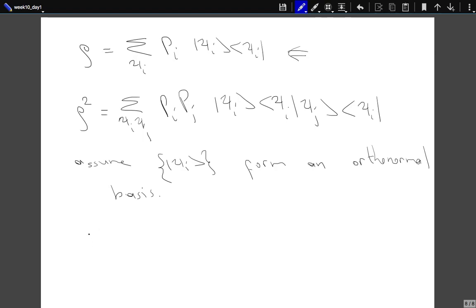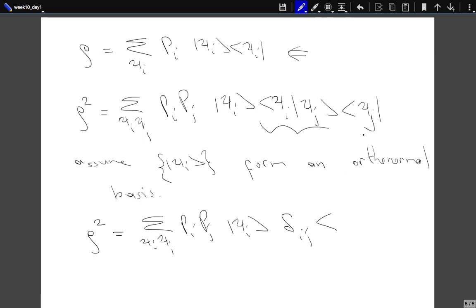So rho squared is equal to the sum over i, j of pi pj |psi i><psi j|. Well, if they're orthonormal, this is nothing but the Kronecker delta i j.